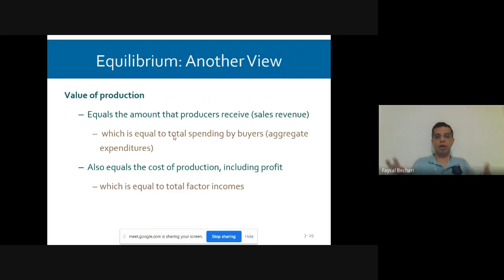So they are in the equilibrium situation. The buyers spend equal to the money received, equal to the cost of the production including profit, which is equal to the total factor income. So profit is part of the cost of production.